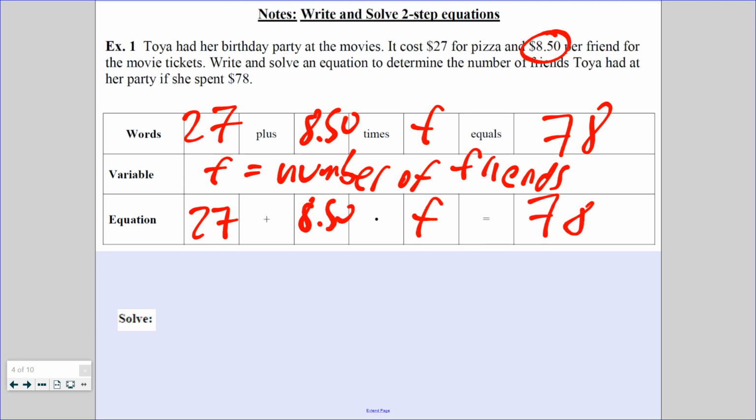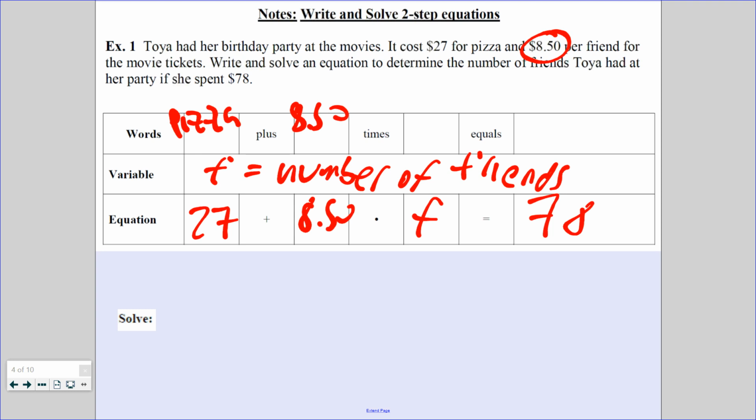Let's go back here again. I think I skipped some steps. I need to do it in words. So it is pizza plus $8.50 times the number of friends equals the total spent.